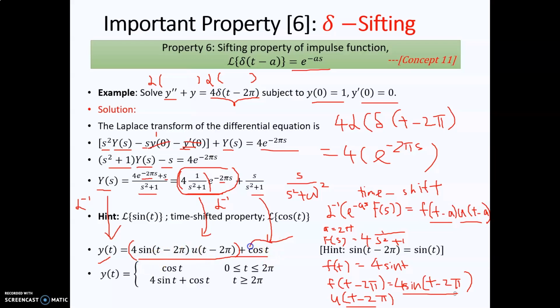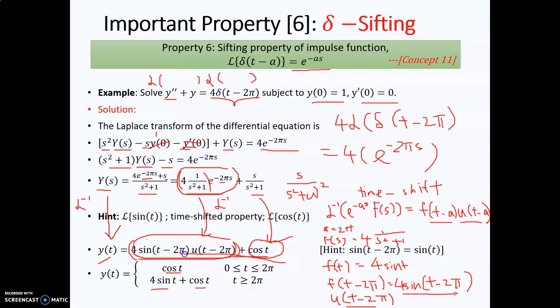So cos t is valid for all the t. Therefore, at t from 0 to 2 pi, you also have cos t there. But for this term, it's only valid for t greater than 2 pi. For t less than 2 pi, this term will be equal to 0. Therefore, you only see this term in t greater than or equal to 2 pi.